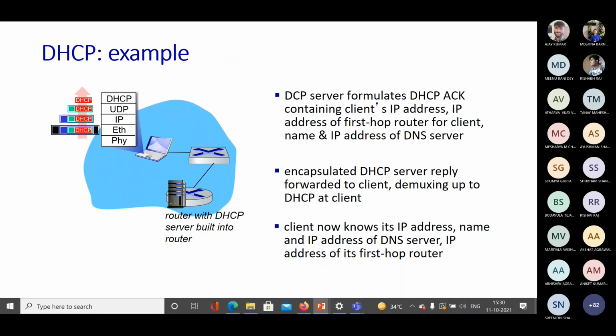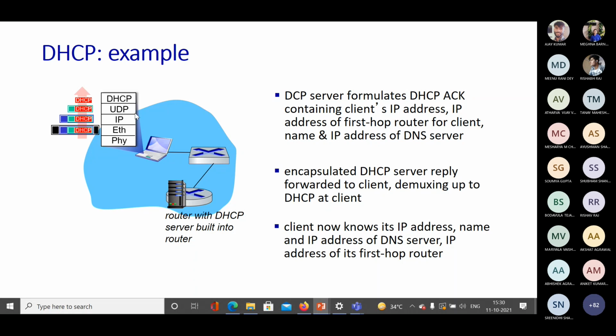All right. I think this example is clear to all of you, but if you have any questions, of course you can ask. But I have a question before that. Look at the transport layer protocol here. The transport layer protocol is UDP.